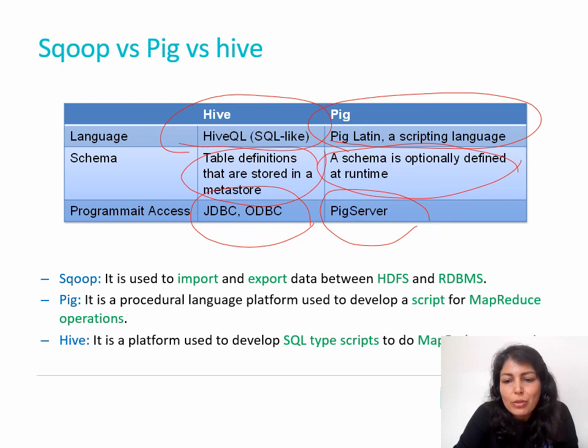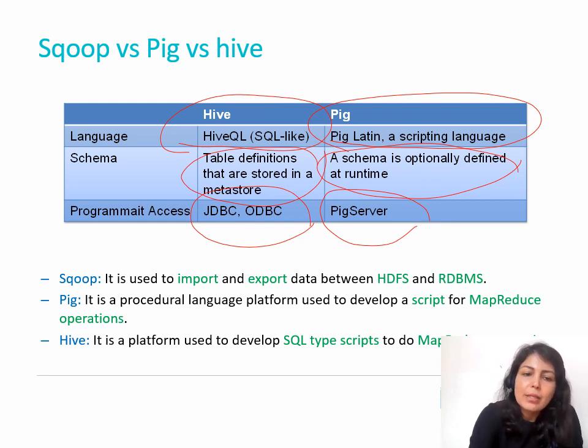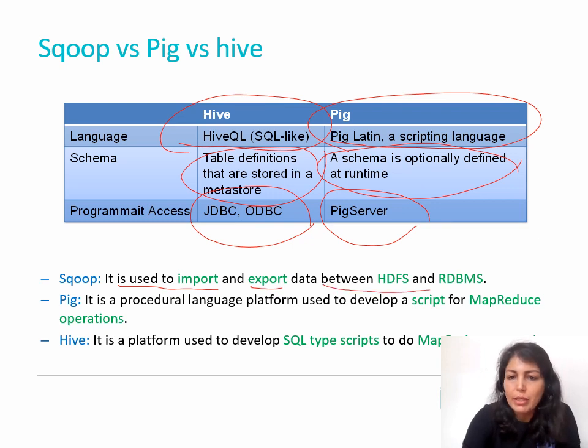If I want to compare Sqoop, Pig, and Hive together, let me define them simply in a sentence. As you remember, Sqoop is used to import and export data between HDFS and traditional databases. So Sqoop is just for transferring data. It's not for data analysis, which is completely different from Pig and Hive.